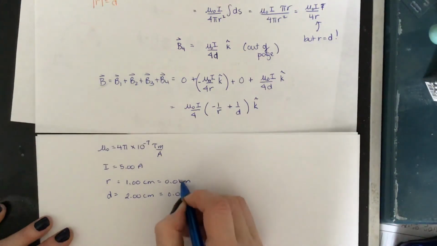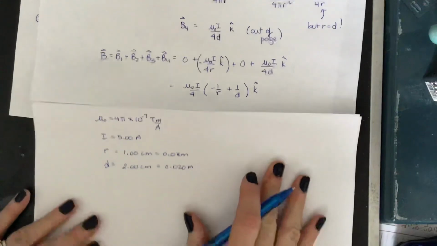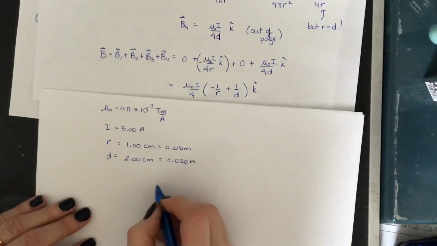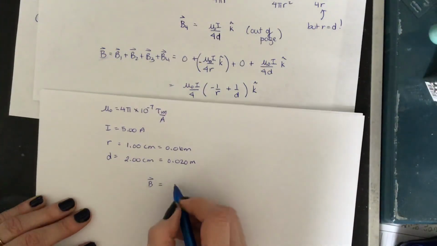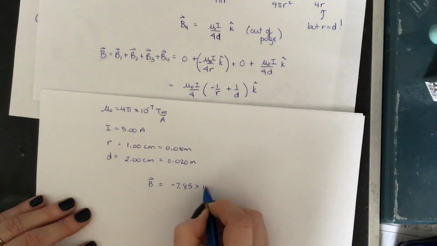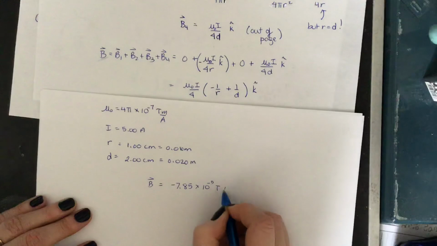Put all those numbers in our equation and we can plug and chug to get our answer for the net magnetic field, which is minus 7.85 times 10 to the minus 5 Teslas k hat. So our net magnetic field is into the page.